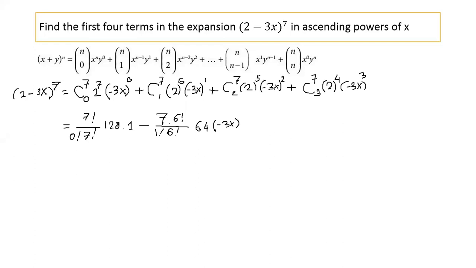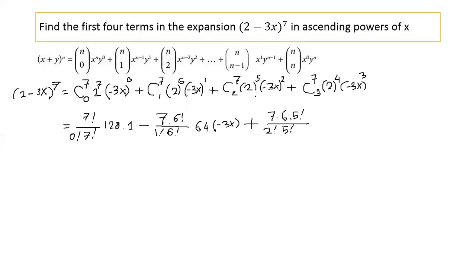Now look at this. Negative 3x squared, it means this sign becomes positive. And combination 7 taken 2 means 7 times 6 times 5 factorial over 2 factorial times 5 factorial, because 7 minus 2 equals 5.